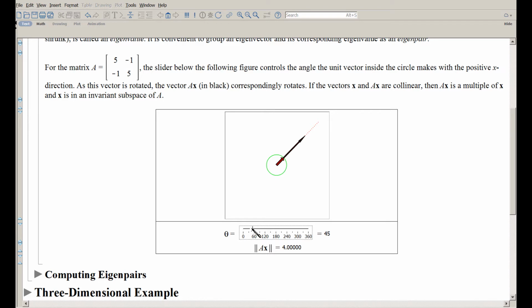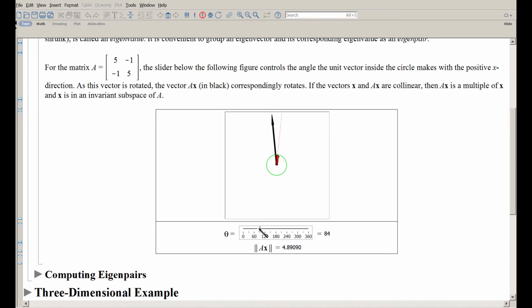Now in this configuration, the black vector, which is Ax, is collinear with the unit vector, that red vector, and the norm of Ax is 4. So the stretch factor is 4.